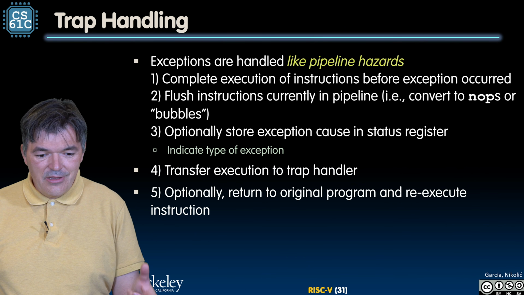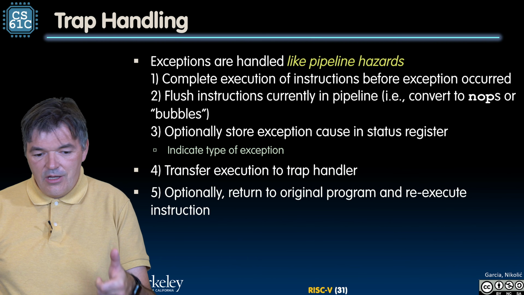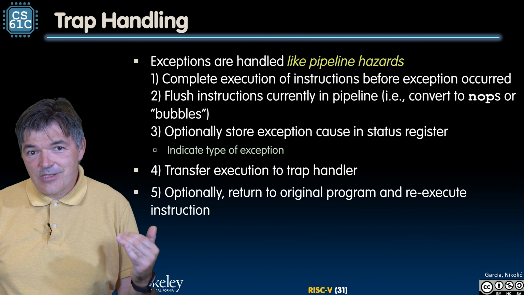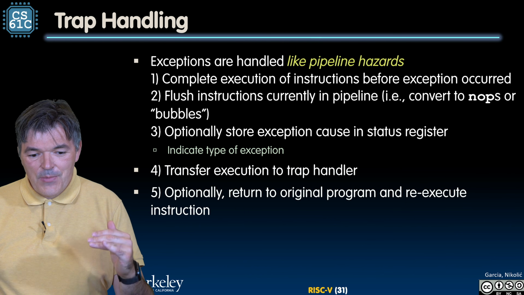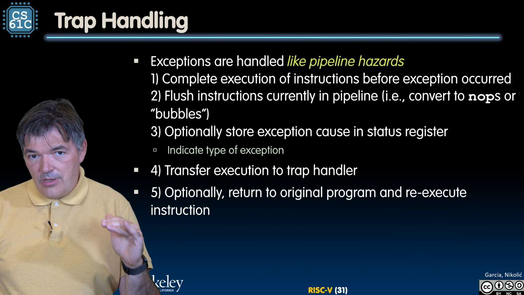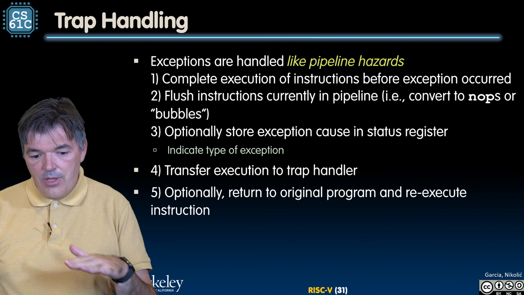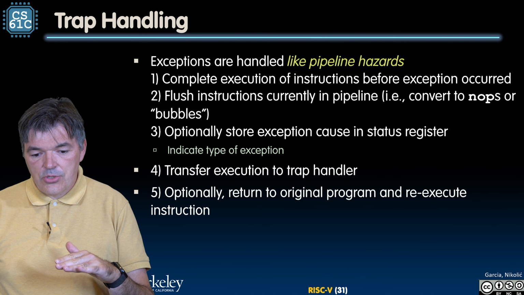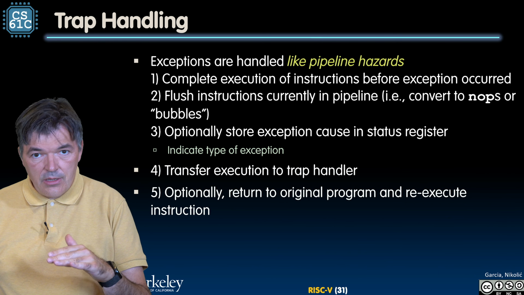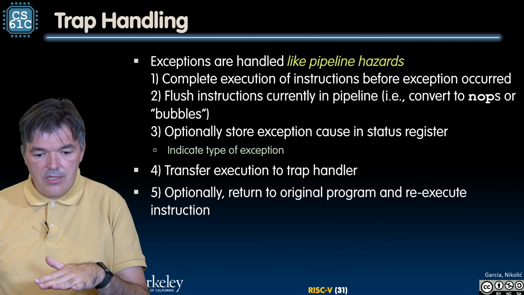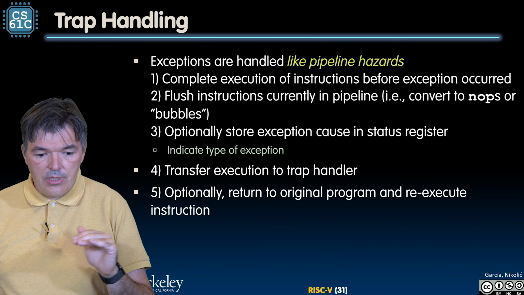So, in relatively brief, trap handling is very similar to pipeline hazards followed by function calls. When we are handling a trap, we complete the execution of the instruction that precedes the exception.